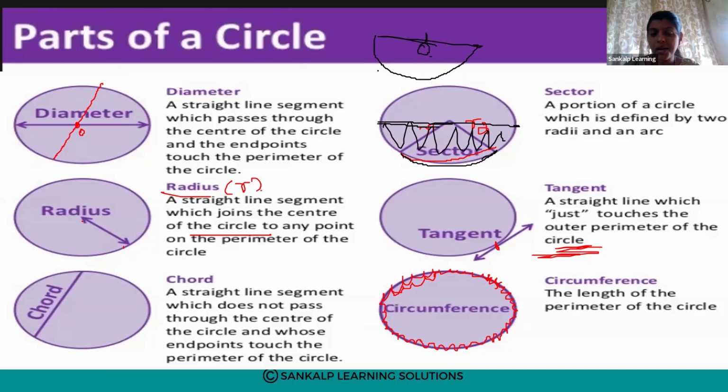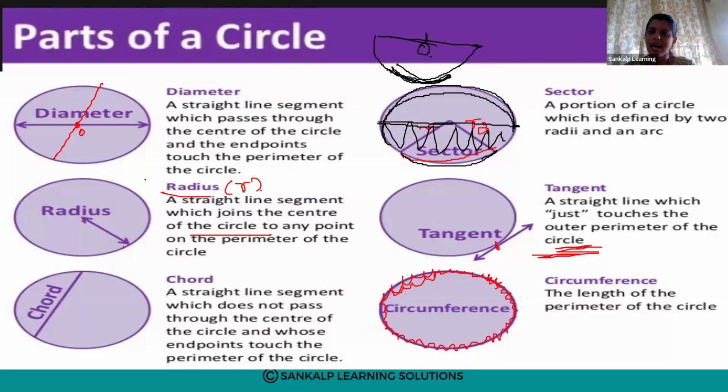The minor arc is only this much, so it is less than the semicircle. A major arc is this full part, and it is more than the semicircle. Remember, a major arc is greater than a semicircle and a minor arc is less than a semicircle.